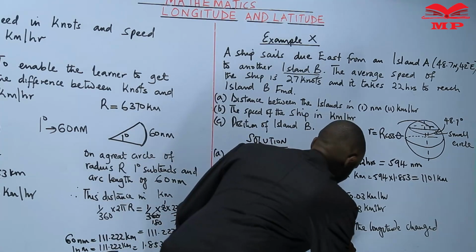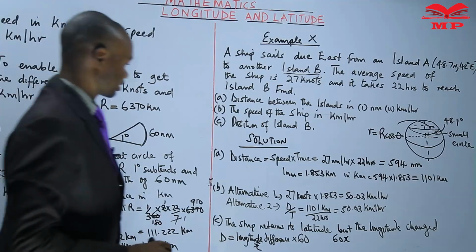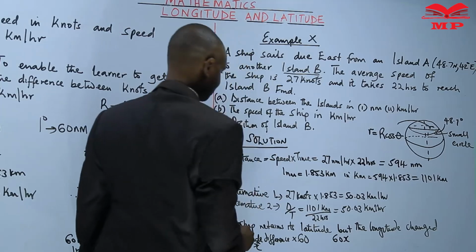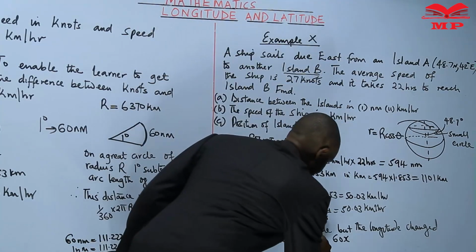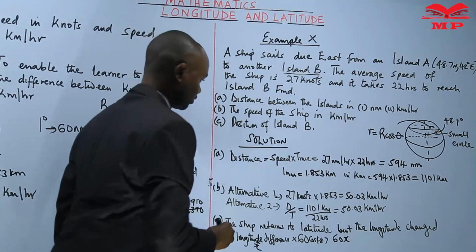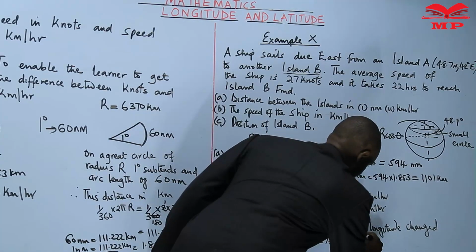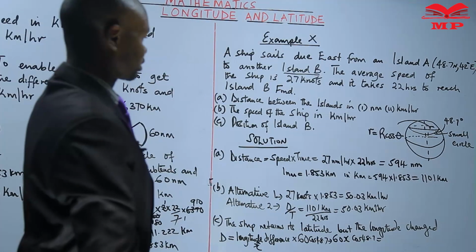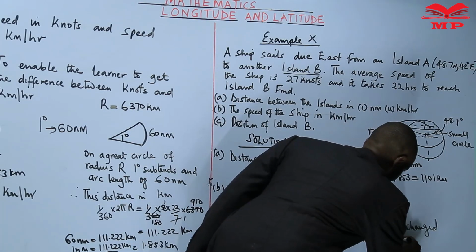So 60x, and since it is a small circle, I have to multiply by cos 48.7. 60x times cos 48.7 will give me 594 nautical miles.